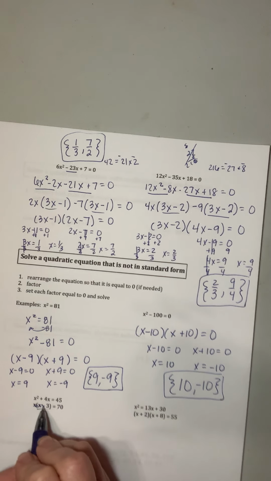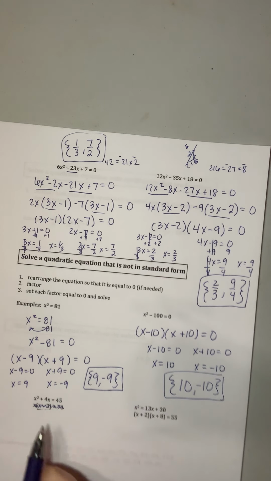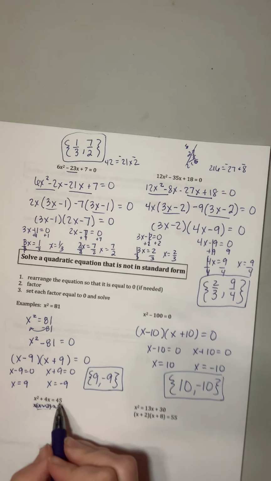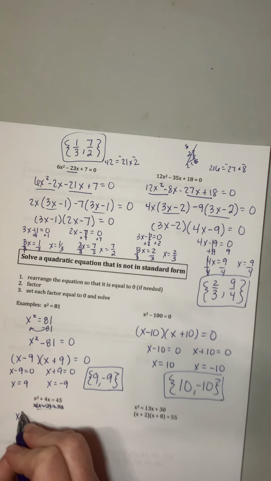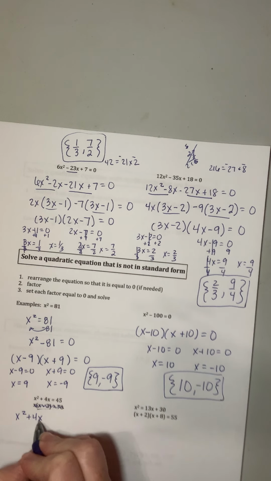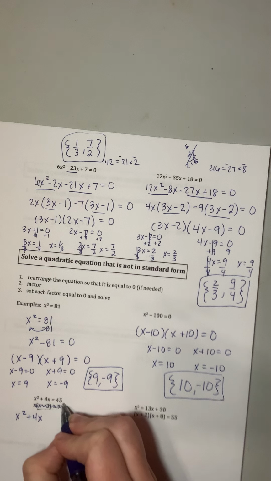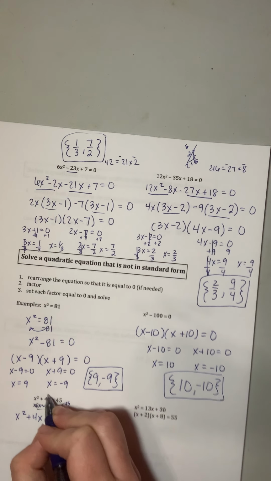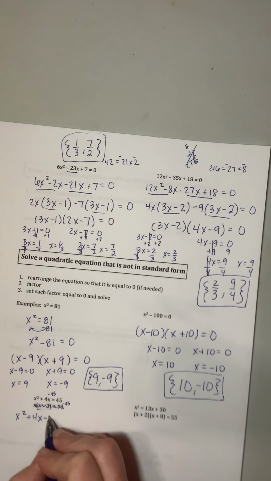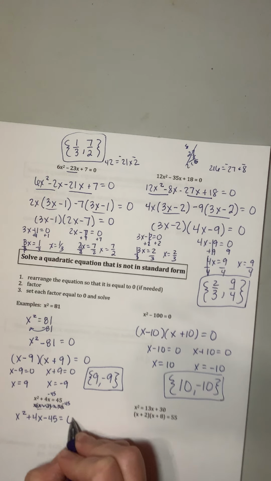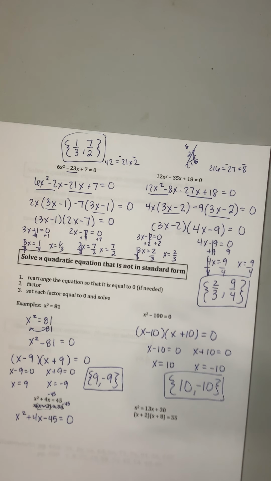All right, so take that out for right now. We're just going to focus on this. So I need this 45 to go over. So if it's a positive 45, I'm going to subtract 45 from both sides. So that's going to give me minus 45 here equals 0. Once it's equal to 0, you can factor.